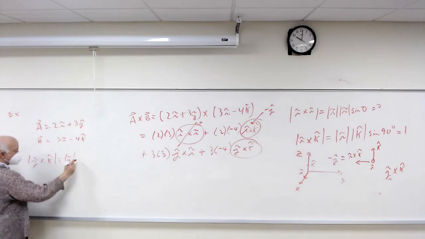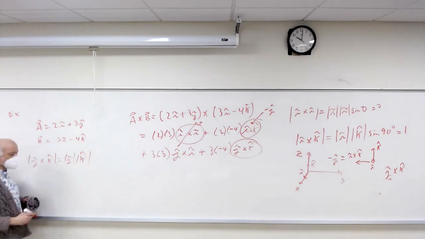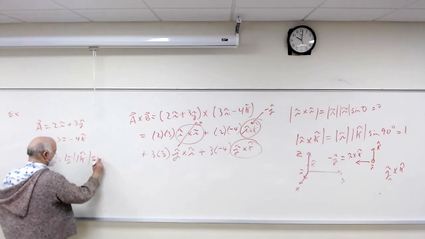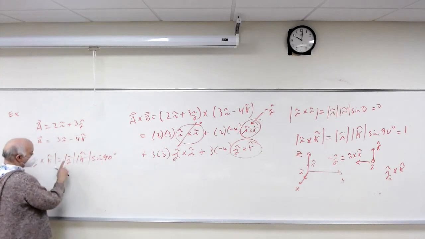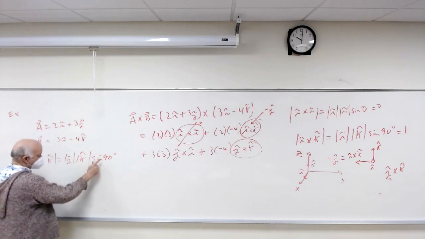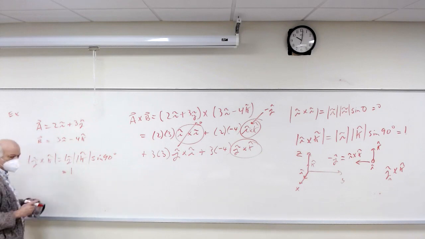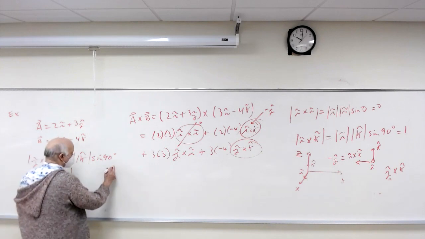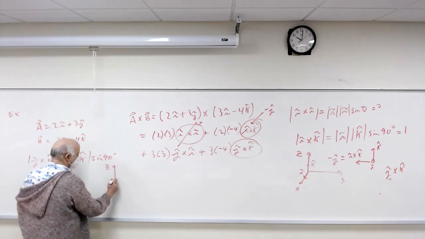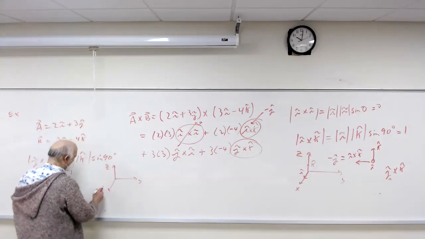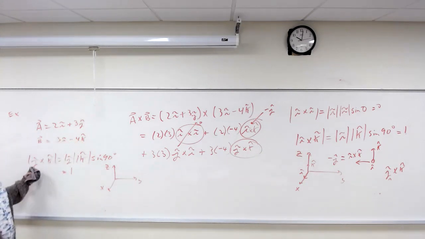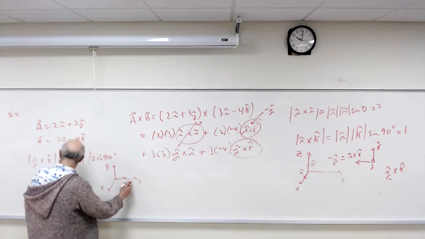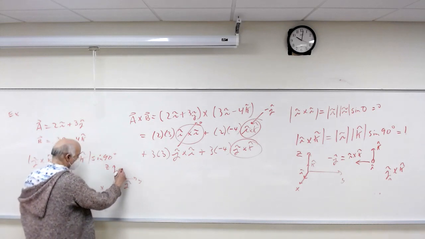Magnitude of J hat, K hat, what angle does J make with K? 90. So magnitude of unit vector: 1 times 1 times 1. If I didn't draw this, this is Z, Y. So J hat goes in what direction? Y. Then we have K hat like that.